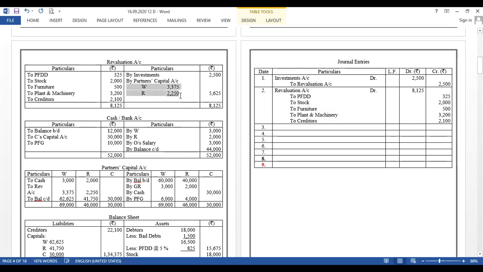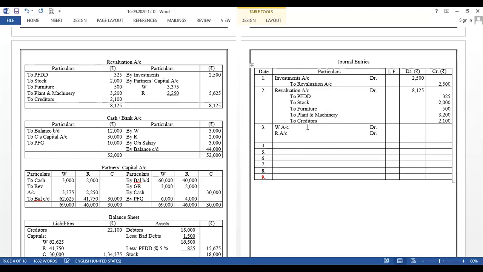So we can see that it was a loss. The debit side was greater, it is a loss, so revaluation account is credited. So partners will be debited. Who are the partners? W and R. So W account will be debited, R account will be debited, to revaluation account.